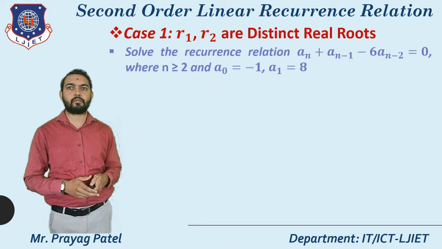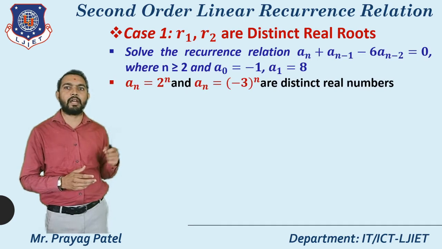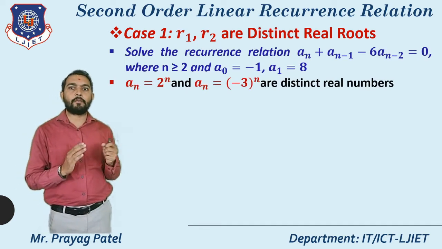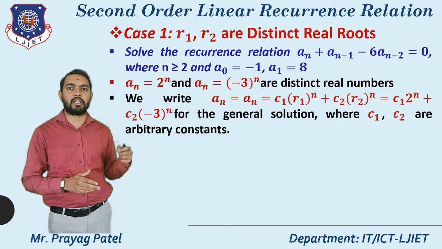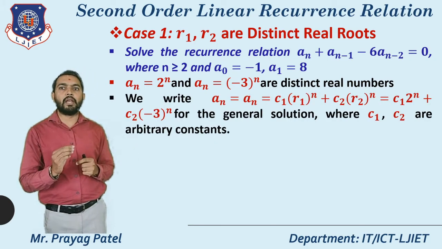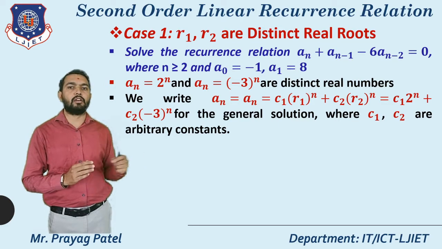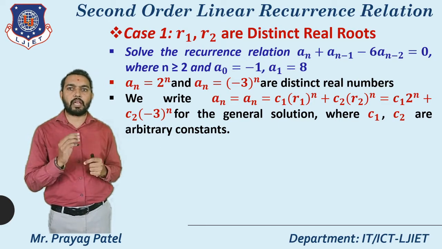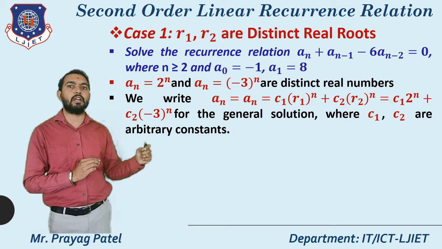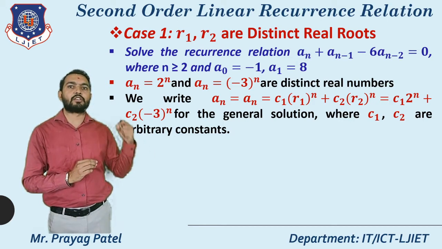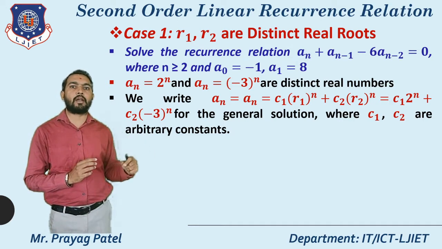Now after finding the values of r1 and r2, we have a of n equal to 2 raised to n and a of n equal to minus 3 raised to n as distinct real root solutions. Now the common equation for the recurrence relation: a of n is equal to c1 into r1 raised to n plus c2 into r2 raised to n.